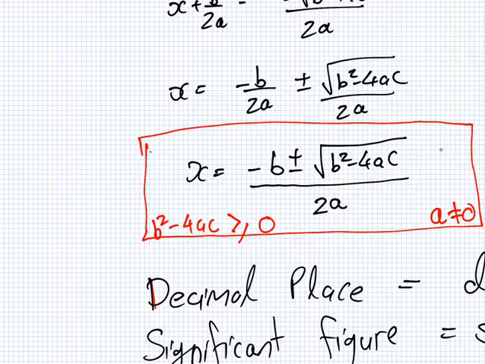So you remember how to do that from the third lesson. 32 is 16 times 2, 16 is 8 times 2, 8 is 4 times 2, 4 is 2 times 2. So you have 1, 2, 1, 2, and 1. So x is minus 8 plus or minus square root 4 times 4 times 2.